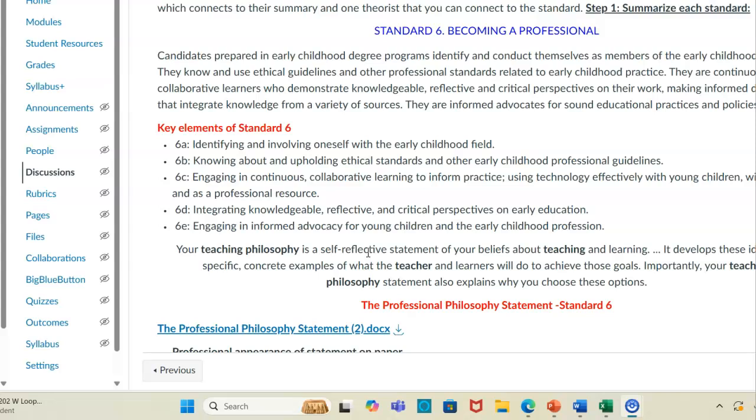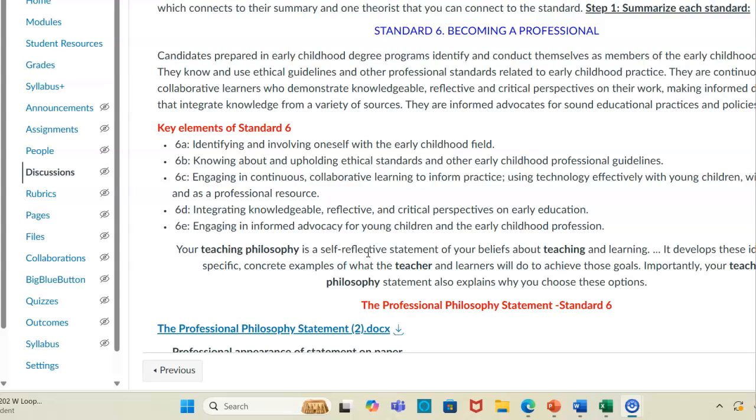6D, integrating knowledgeable, reflective, and critical perspectives on early childhood. So this one is very open, right? I've had people do lots of different things, but for an example, they'll do a flyer for parent-teacher conferences, right?